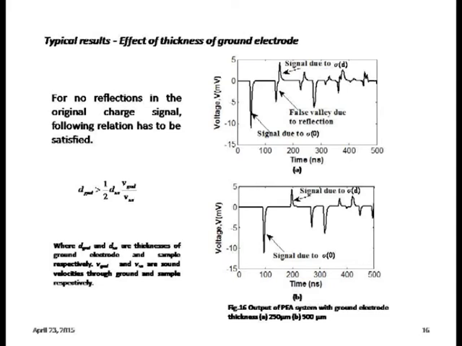This is a false value, or a reflection actually. If the thickness of the ground electrode is not sufficient, a reflection will come and join there. So when you use 500 micron thickness, it is clear now that there is no charge within these two peaks. Actually, up to here is the space charge, you can conclude.